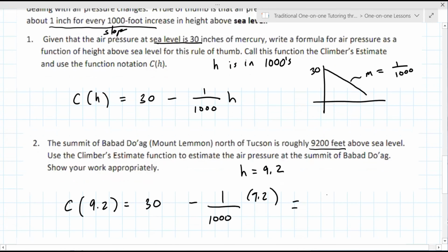It's a units issue, but you throw this in your calculator, 30 minus 1 over 1,000 times 9.2, and you get 29.991. And that is reasonable-ish. If you look at a weather forecaster, it's like 29.98 there right now.